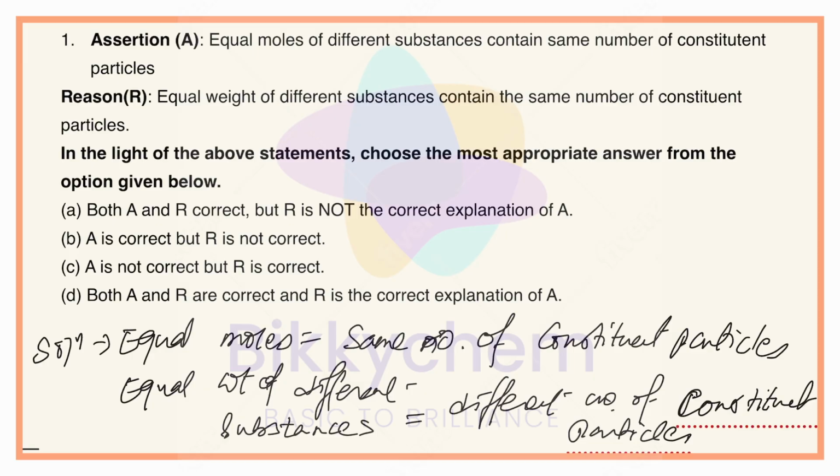That means the reason is not right. Okay, so only the assertion is right, because equal mole is always equal to the same number of constituent particles, but equal weight cannot be the same number of constituent particles. That's why the option is: A is correct, R is not correct. That is option B.